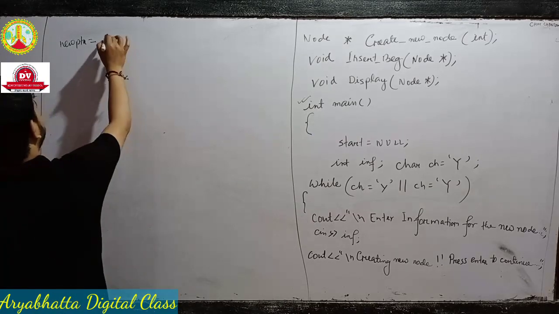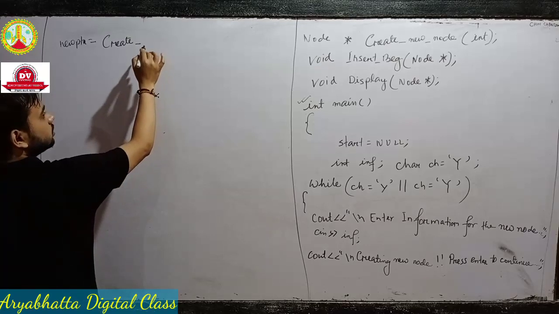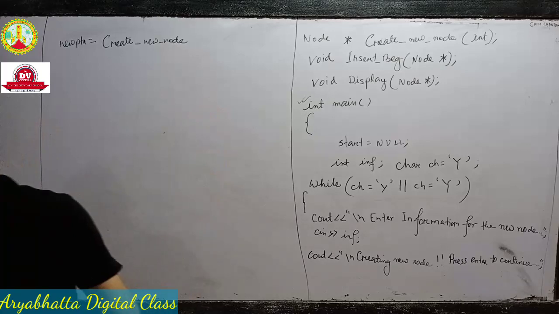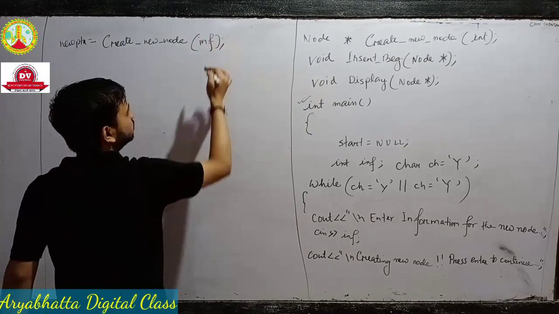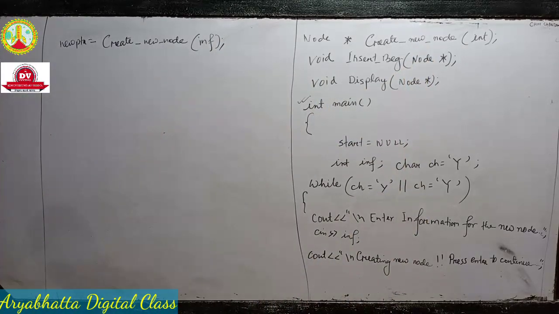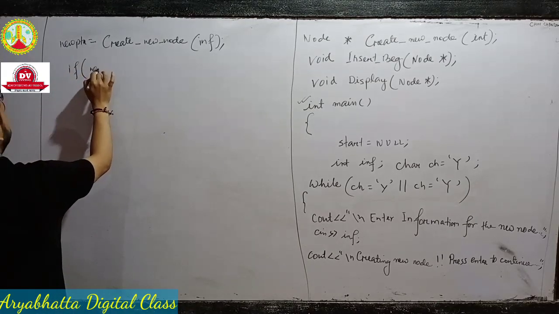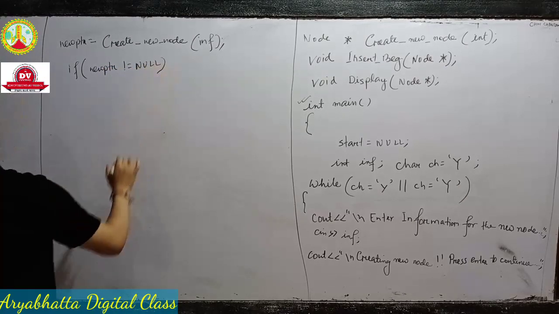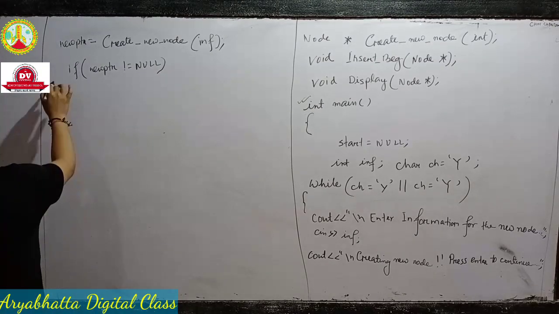New PTR is equal to create underscore new node. The int will be info with this. We call that function under the main function, a function call. If new PTR is not null, then new PTR is created.